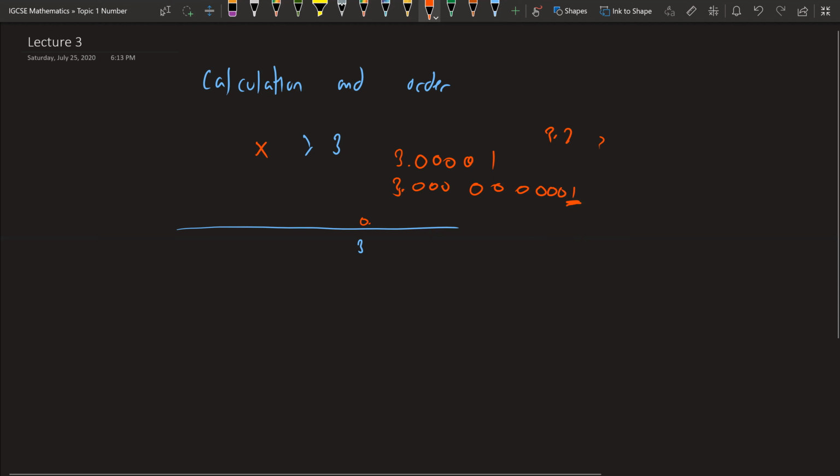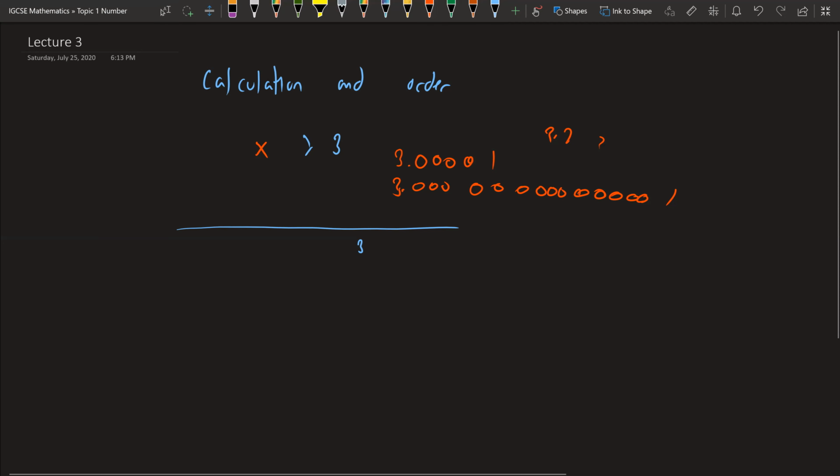It just has to be more than 3 by maybe a very small number. That will also work, or it could be this. It will also satisfy the condition that it is more than 3. When you subtract them, you can't have a negative number. It has to be positive. So 3 is here, but we do not want to include that.